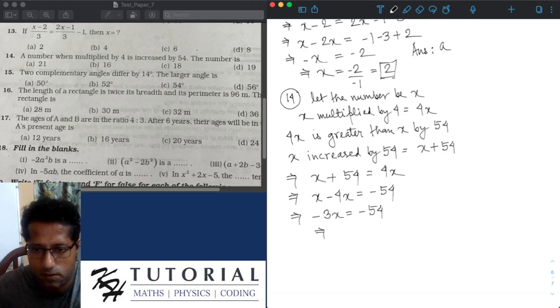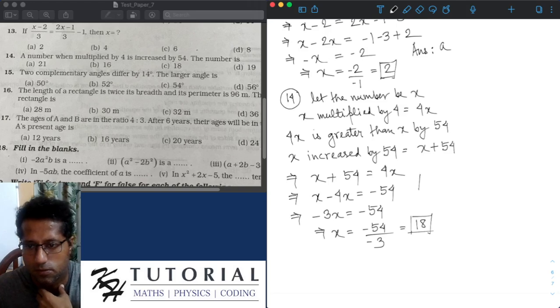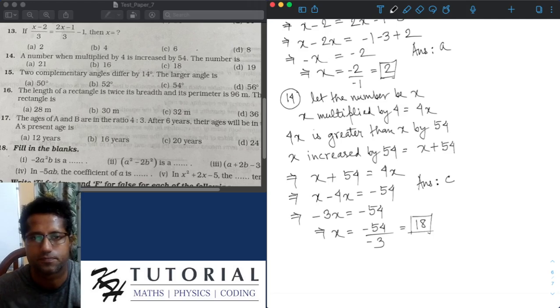This implies x equals minus 54 divided by minus 3. This is 18. So the number is 18. So the correct answer is, the choice is C.